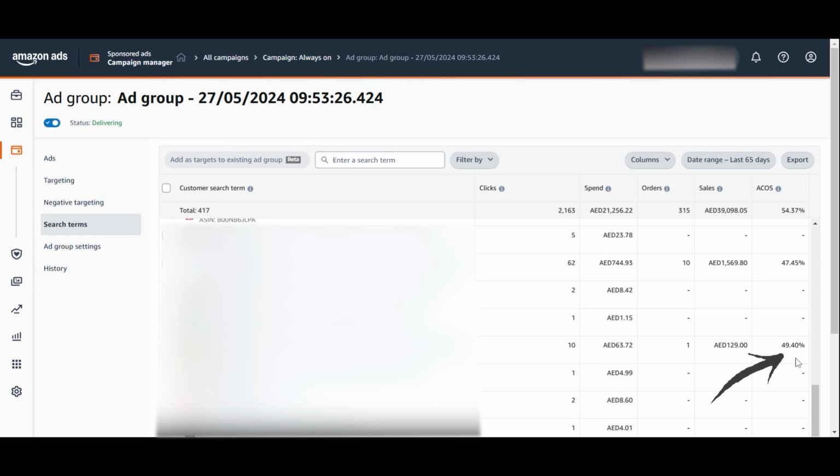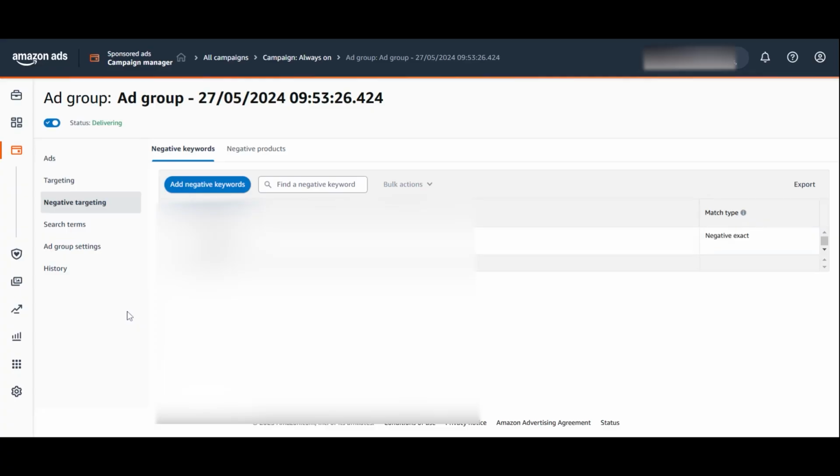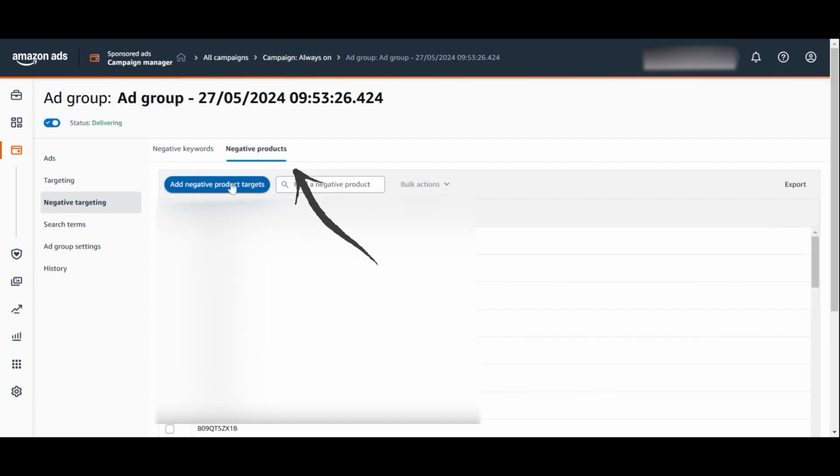That's a quite high ACOS. If that doesn't align with your metrics on what you want to do, you can decide to negate this and remove it completely from your ad. In order to negate or negative, you would need to log in here and just simply add negative keywords, or if you have products, then you would add negative products in order to remove any targets that make no sense for you.